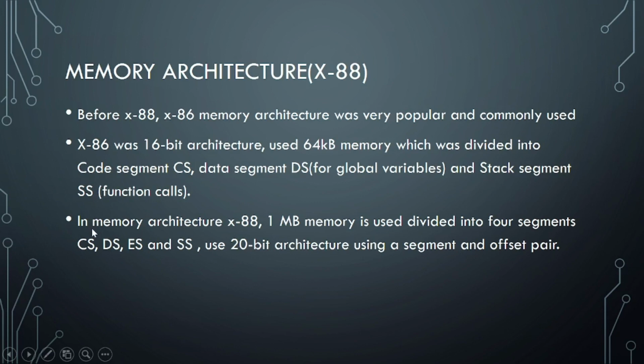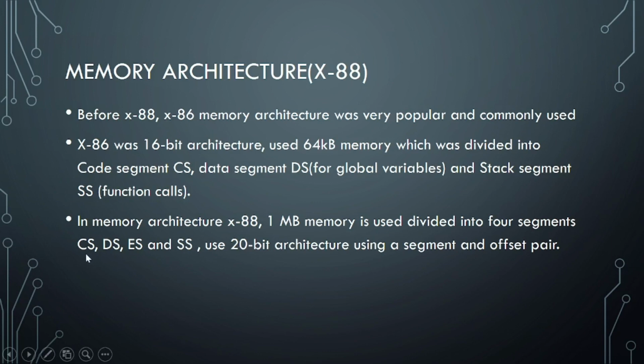Now we are studying memory architecture x88, which uses 1 MB memory, which is divided into 4 logical sections known as segments, which are code segment, data segment, extra segment, and stack segment.